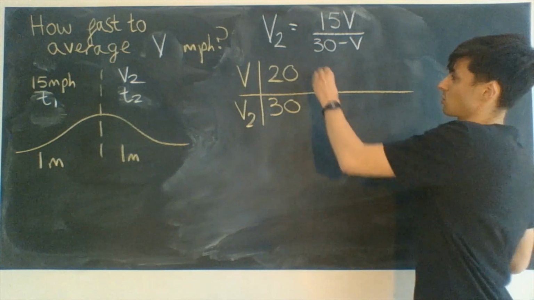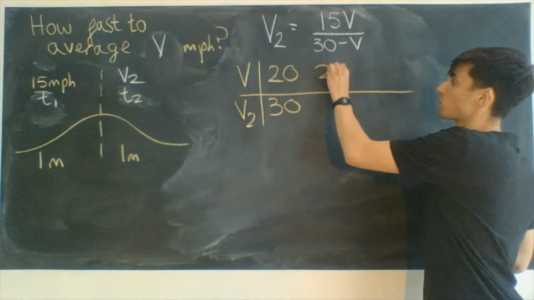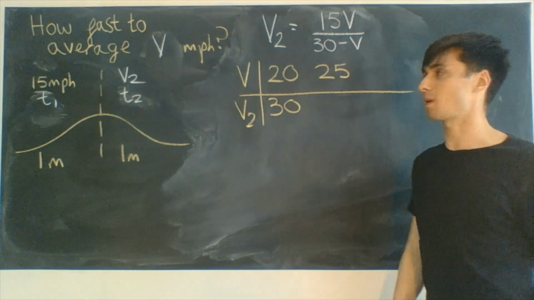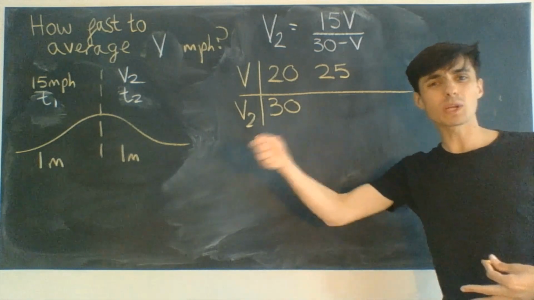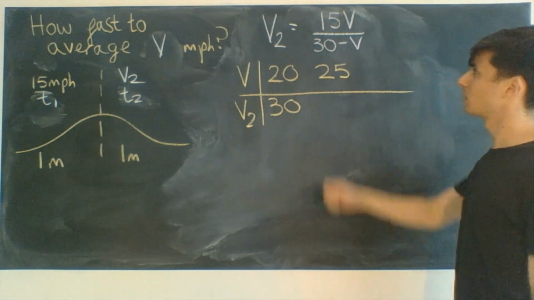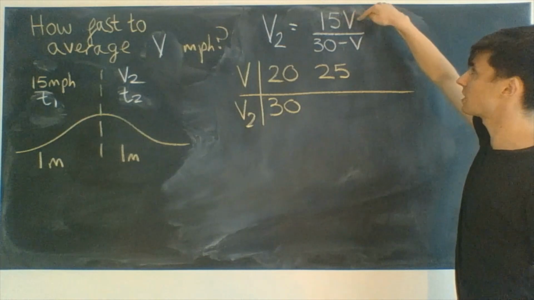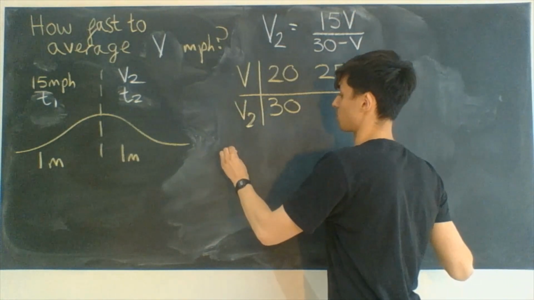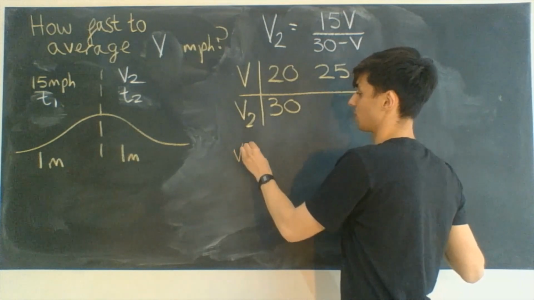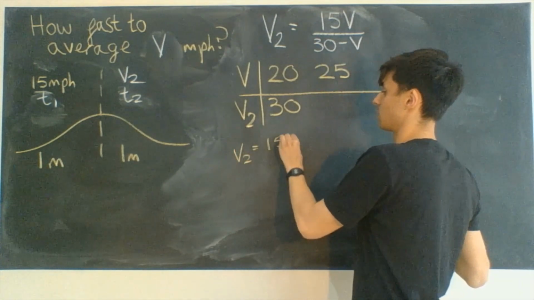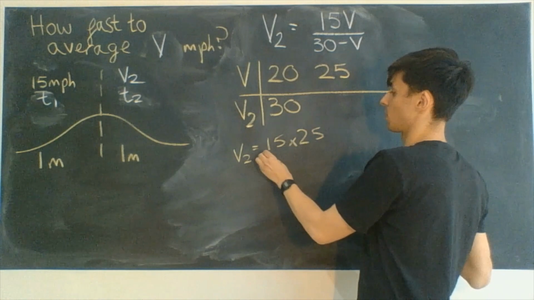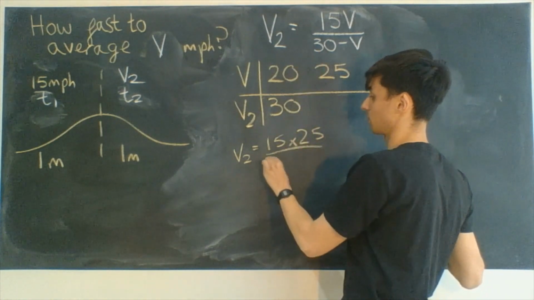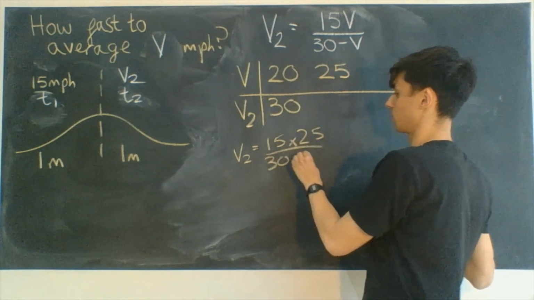Let's think of another interesting number then. What about if we wanted to average 25 miles per hour? We're slowly creeping closer to 30 here. What I would have to do is 15 times 25. So v2 will be 15 times 25 over 30 take away 25.